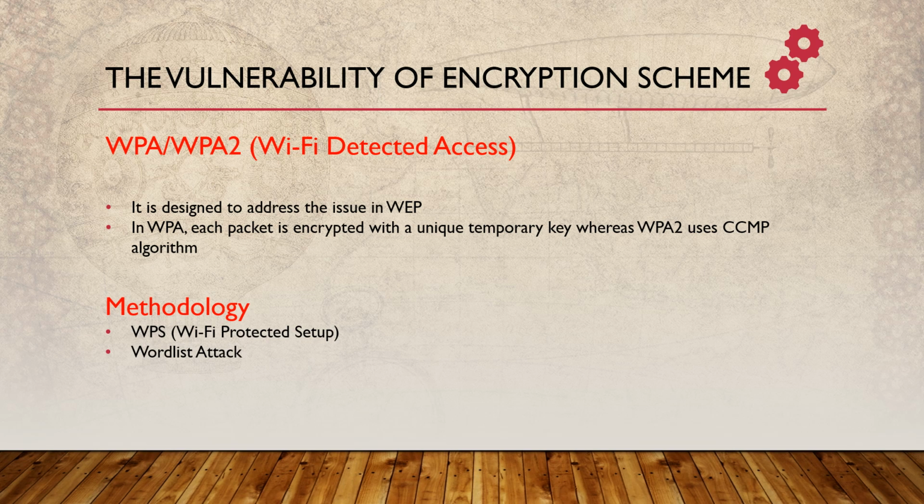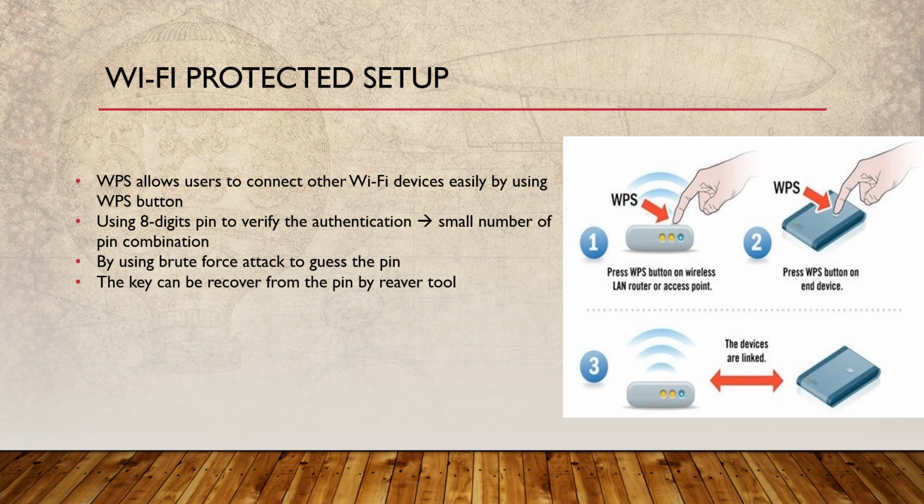To exploit the vulnerability of WPA and WPA version 2, we can use 2 methods, which are Wi-Fi Protected Setup and a wordlist attack. Wi-Fi Protected Setup is a feature that allows users to set up a network easily by using a WPS button or only by clicking on WPS functionality.